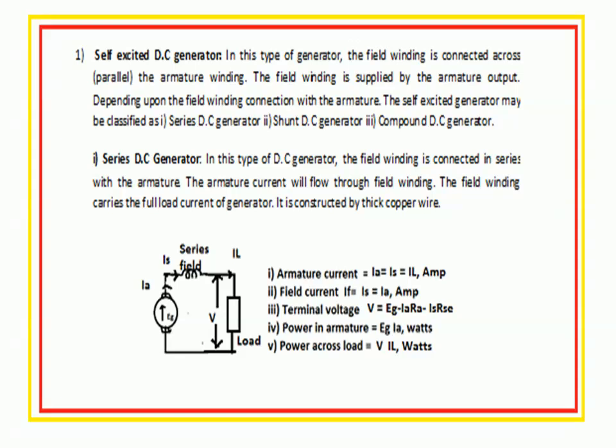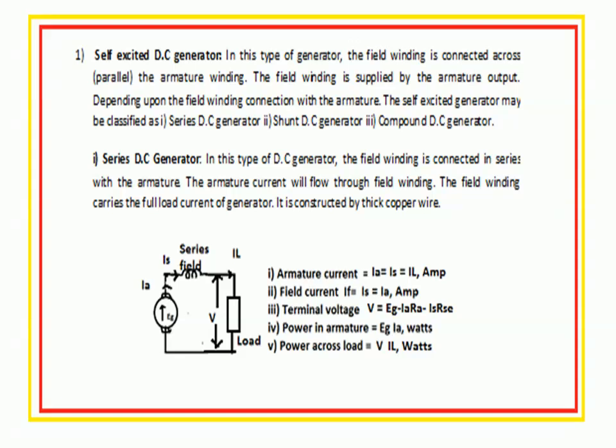V is the terminal voltage, the voltage available across the terminals. The EMF available inside the armature is the generated EMF or back EMF. Now you can see what the power available across the load is in a DC circuit.